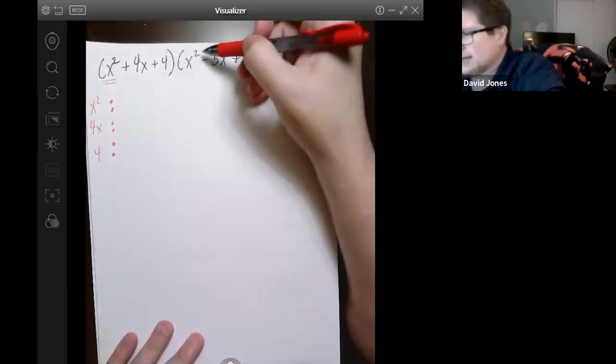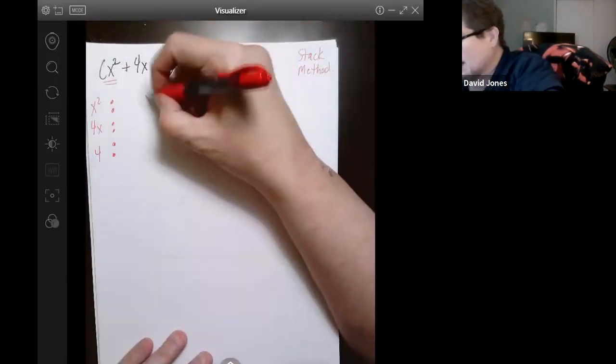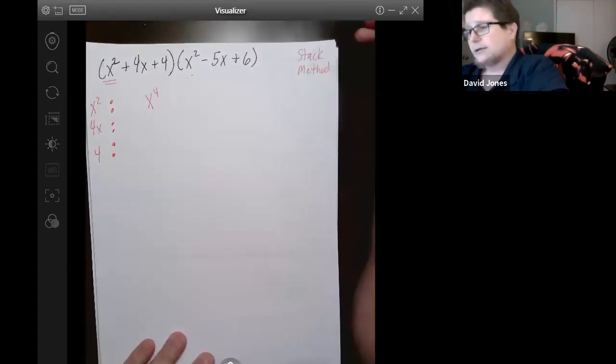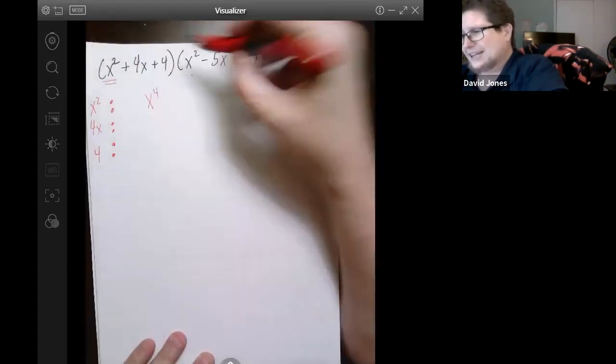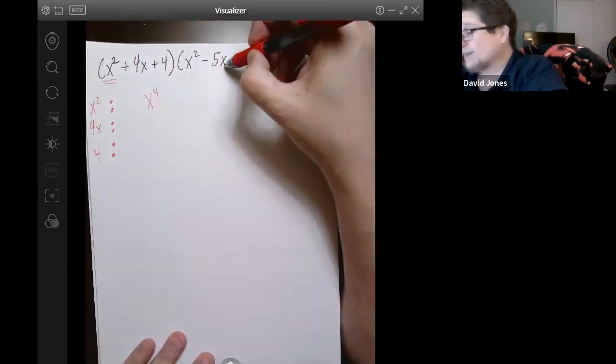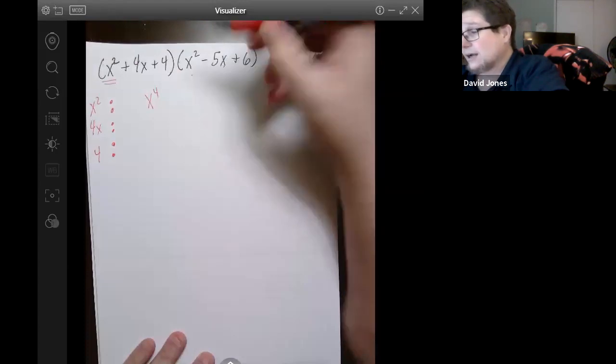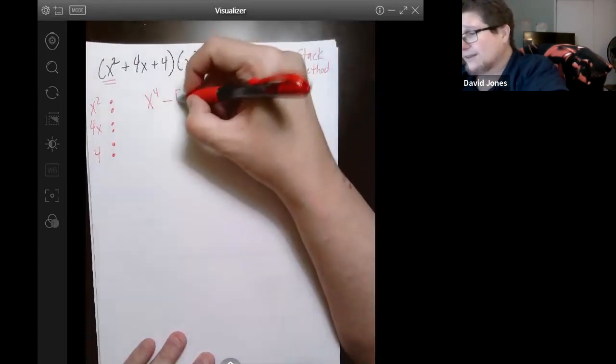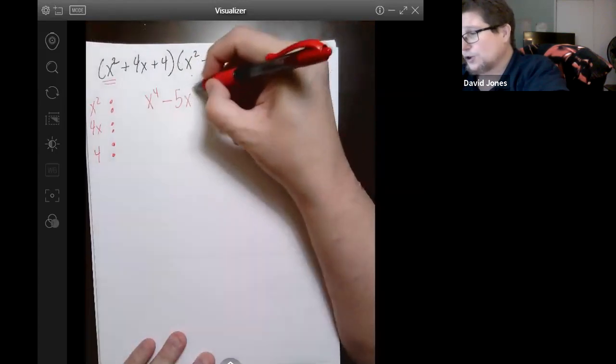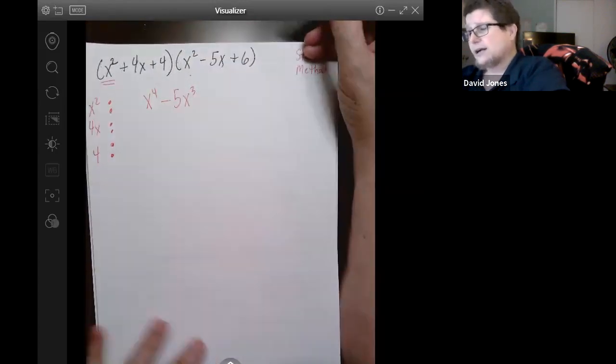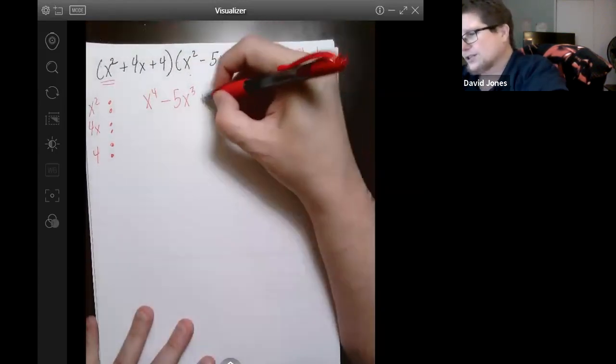X squared times x squared, I add the exponents, I get x to the 4th. X squared times negative 5x, I get negative 5, and then we add the exponents, x cubed. X squared times 6 is just 6x squared.